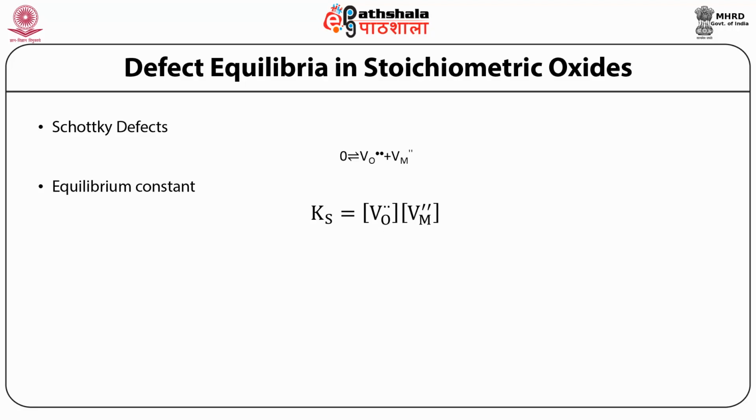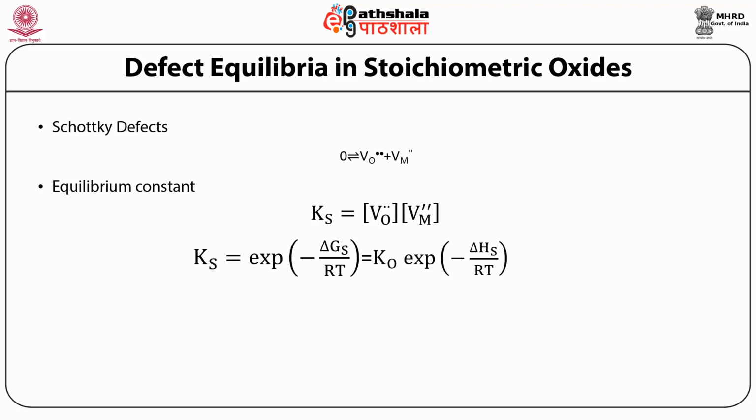The equilibrium constant can also be expressed as Ks equal to exponential of minus delta Gs by RT, which comes out to be K naught exponential of minus delta Hs by RT, where delta Gs is the molar free energy of defect formation and is delta H minus T delta S. Here delta H is the enthalpy of defect formation and delta S is the entropy change, which is mainly vibrational in nature and can be assumed to be constant.